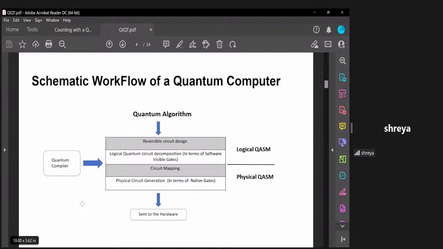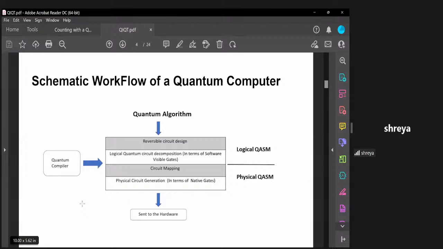Before going into that, I'll give you a bird's eye view of the workflow of a quantum computer. The first thing is to design a quantum algorithm. That is a theoretician's job. Most of us, or maybe all of us, do these things.